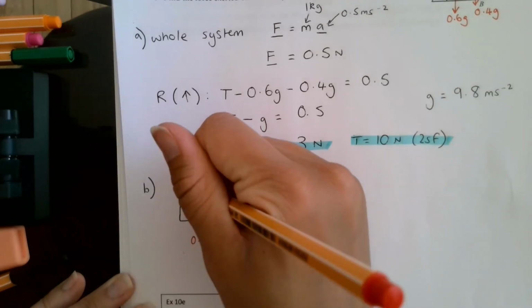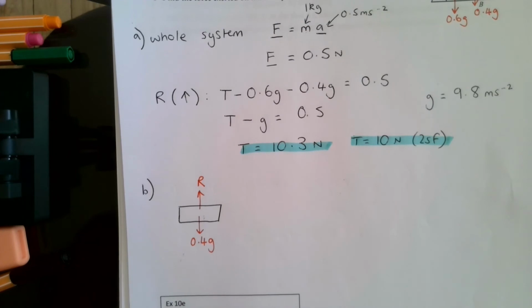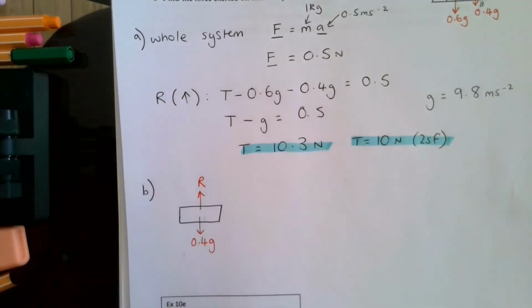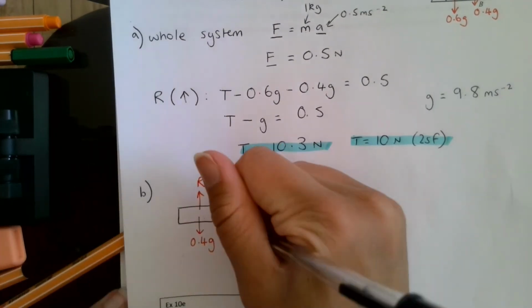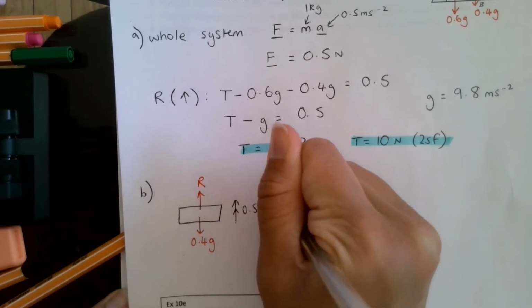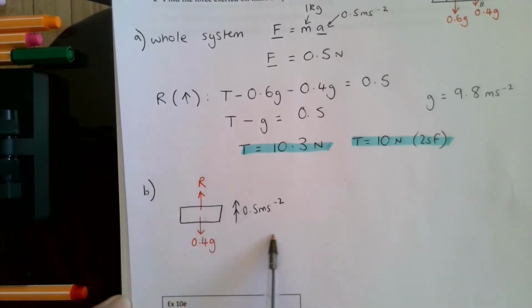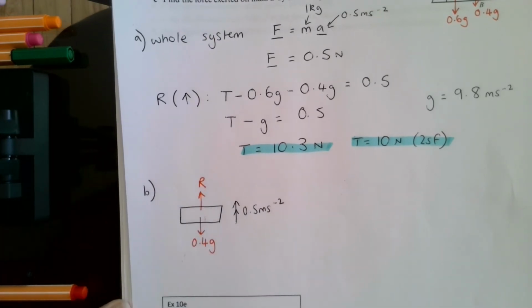I know then I'm looking for this force off B, so the reaction force coming off B. I also know that the mass is accelerating upwards with 0.5 meters per second squared as the acceleration. So focusing on A only, if I resolve this system and I find out what R is, that is the force on A by B.